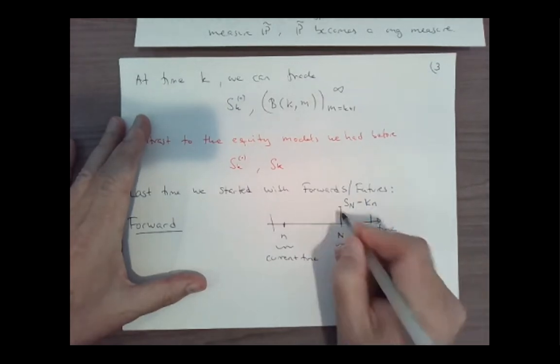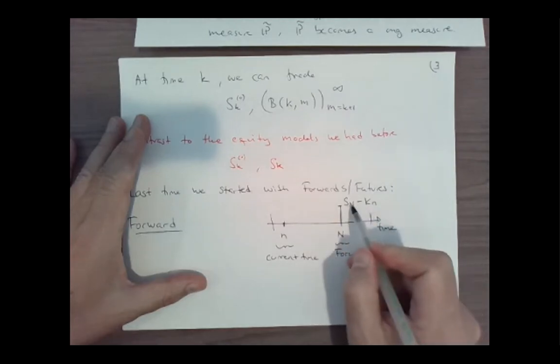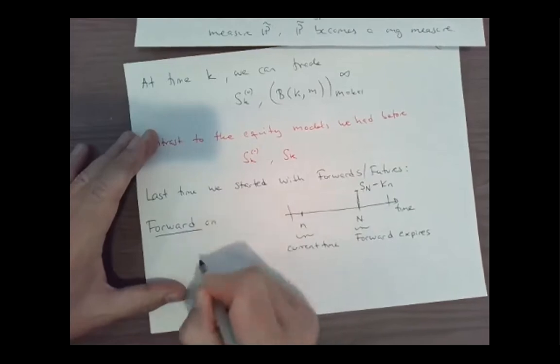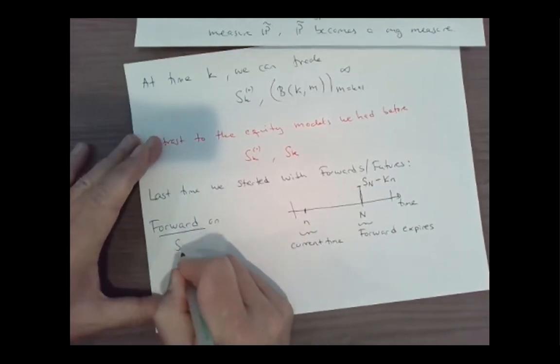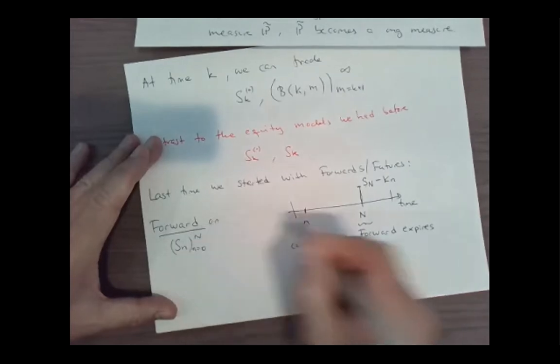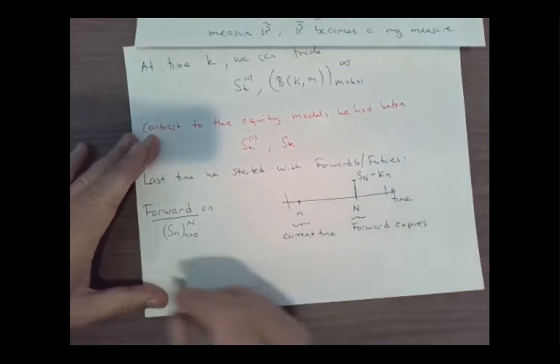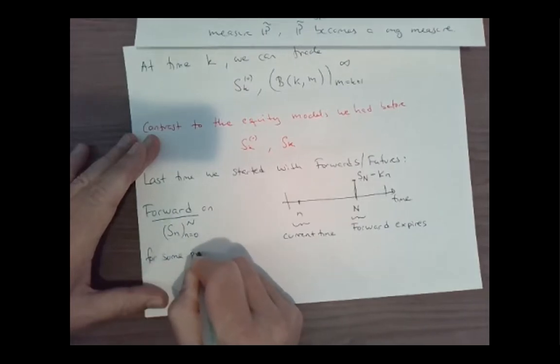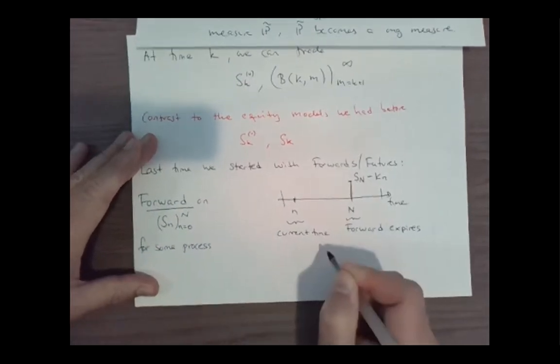So this payoff here is of course going to be random because it depends upon what S_N is. So this is a forward on S_N for some process S_N.